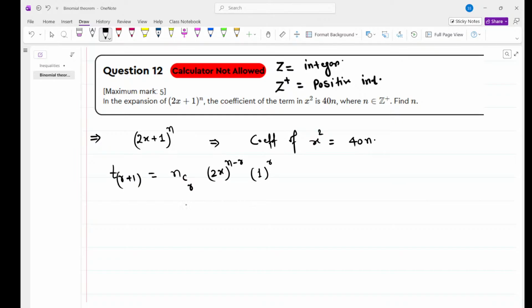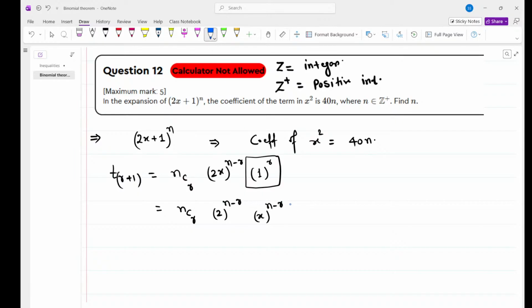Correct. So I will modify it a little bit. So nCr, it should be 2 raised to power n minus r, x raised to power n minus r, and 1 raised to power r, anything will be 1. So I will not write it again, to keep my solution simpler.